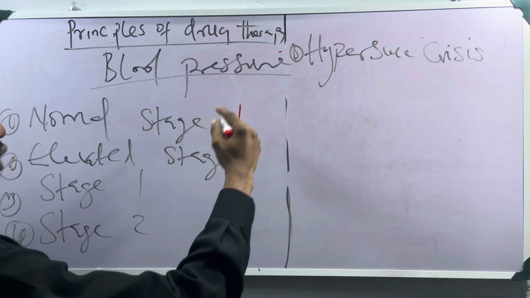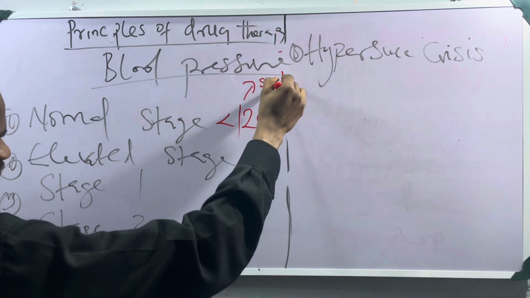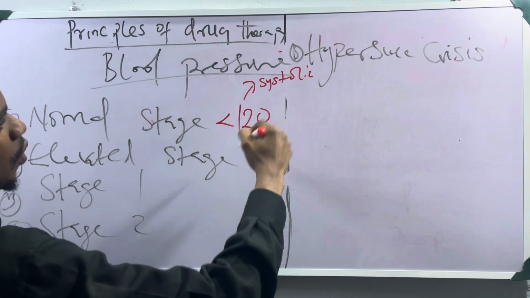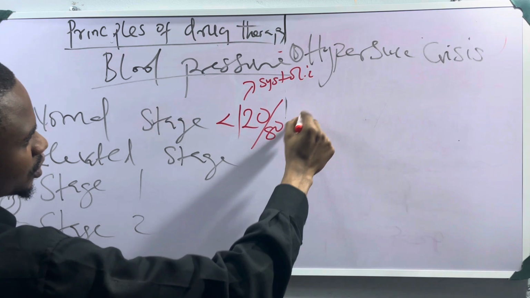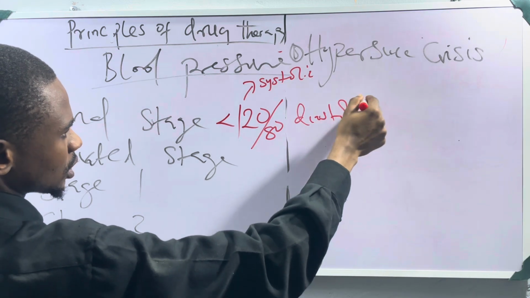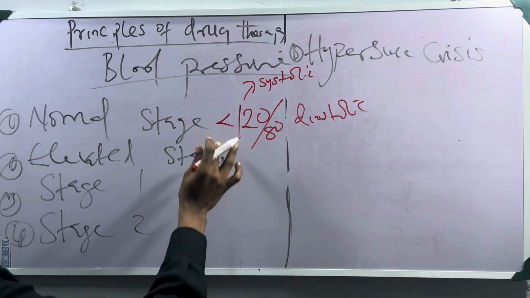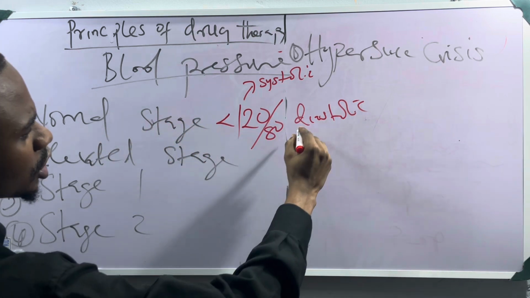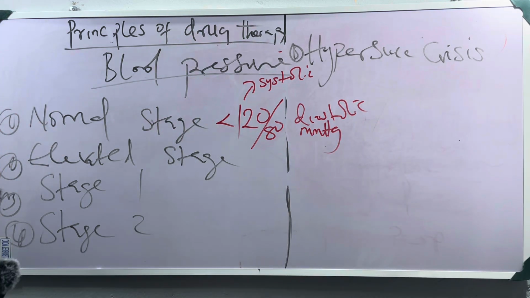Before that, we all know that the top one is known as systolic blood pressure, while the bottom one is known as the diastolic reading. Blood pressure is measured in millimeters of mercury, mmHg. Basically that's the measurement for blood pressure, right?